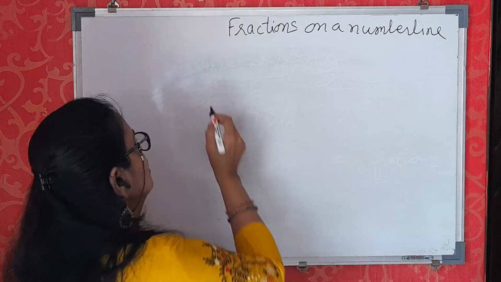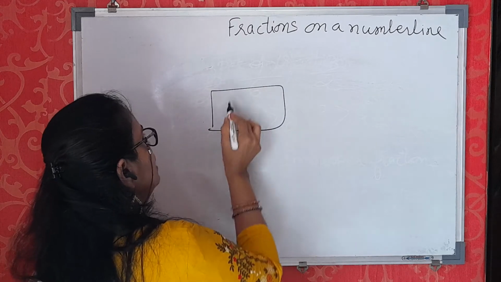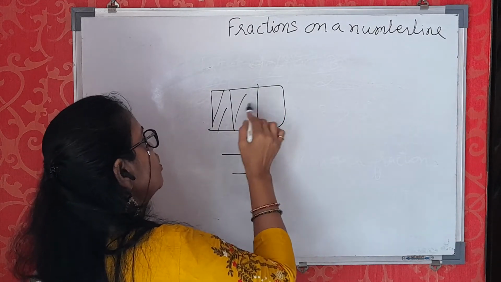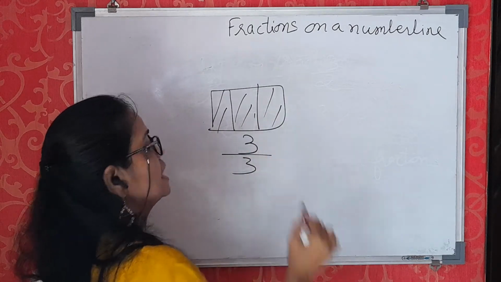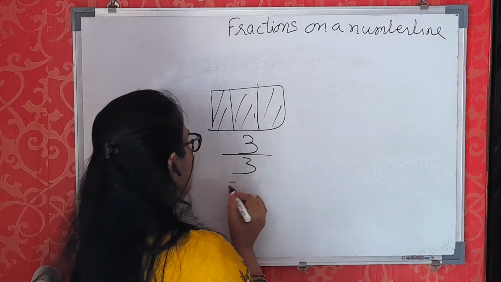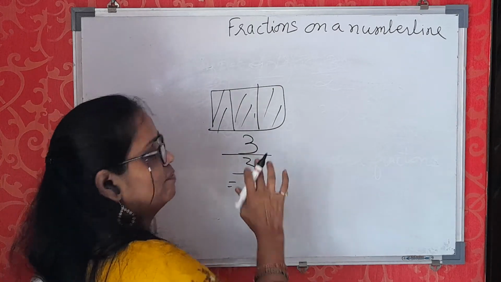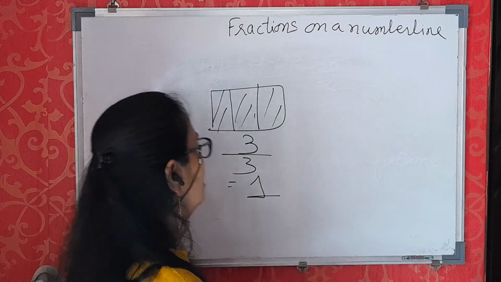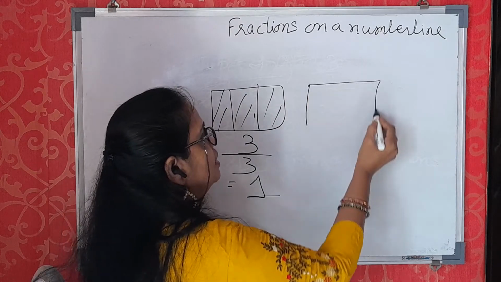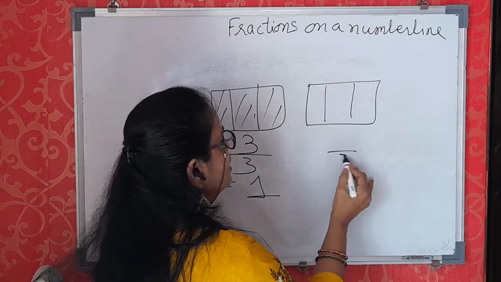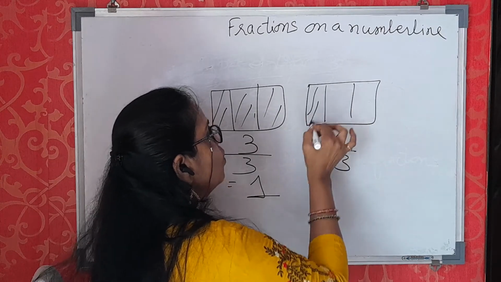Now look here. Suppose I am drawing a diagram again. I made 3 equal parts. I shaded all 3. That means 3 upon 3, it becomes 1. One whole. Same numerator, same denominator makes one whole. And now here I made 3 equal parts, but out of that I am shading only 1.